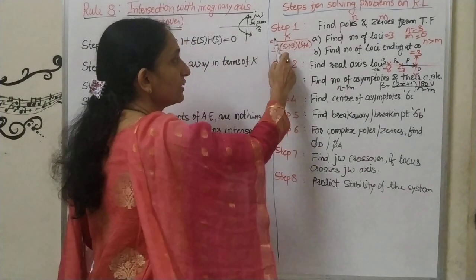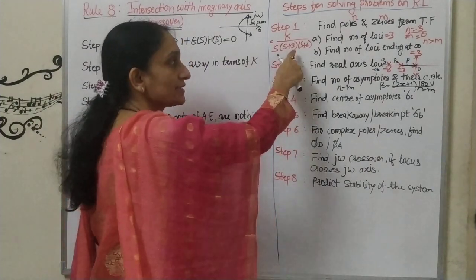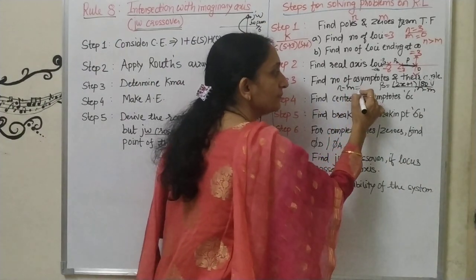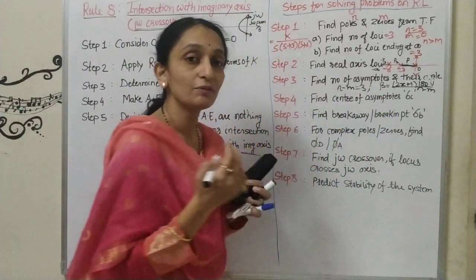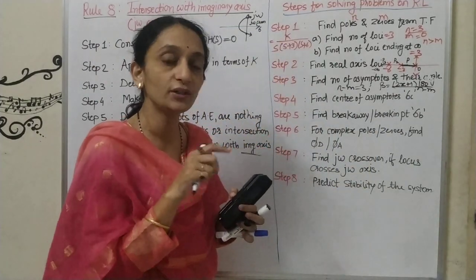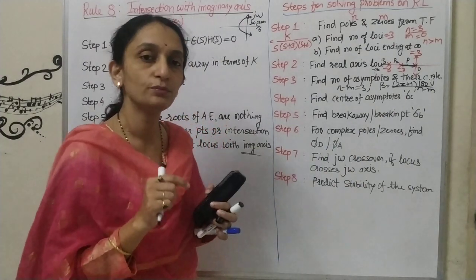Please remember this formula, we have already taken it in the previous lectures. For this transfer function, definitely n minus m will be 3, so the number of asymptotes will be 3. And there will be 3 angles, because here I will be considering x is equal to 0, 1, 2. Accordingly I will calculate beta 1, beta 2, beta 3.